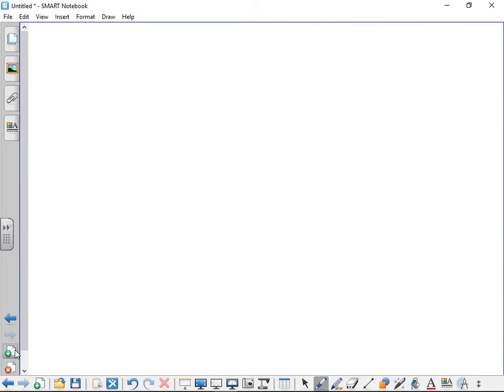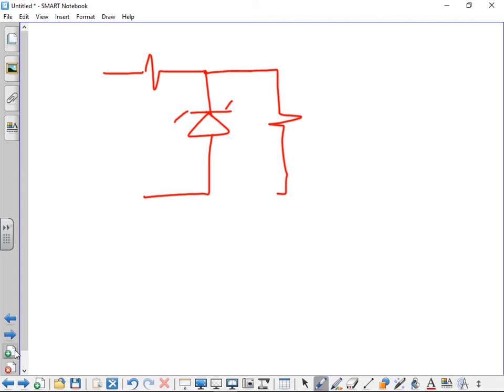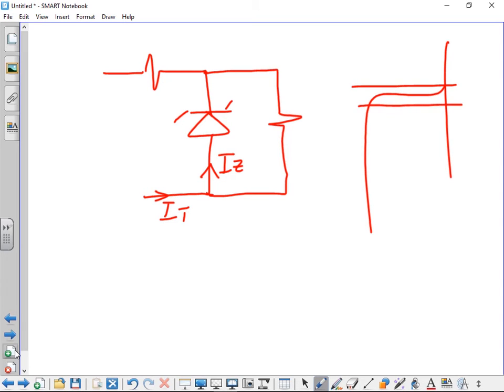So this is our typical circuit. IZ, and that is IT. So the current flowing through my Zener from this graph, IZK, IZM.